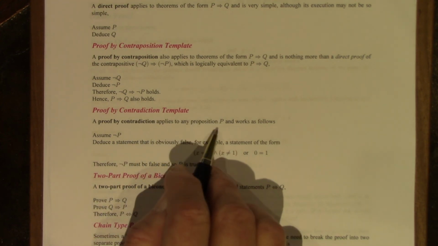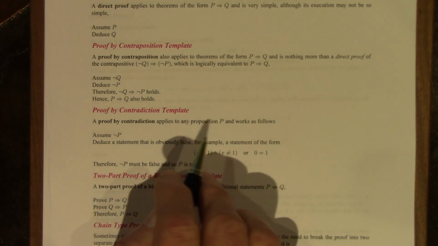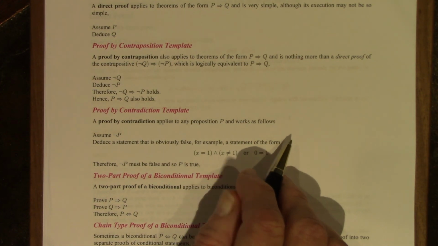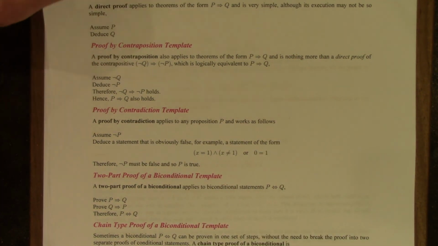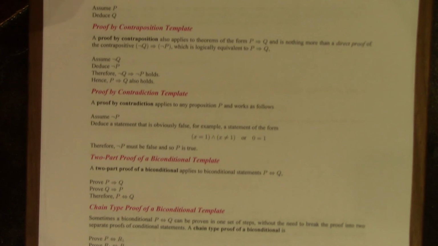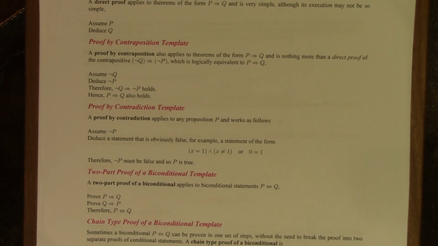Proof by contradiction, or we will prove the result by contradiction. You could even start by saying, assume the statement of the theorem is false. Assume not P. That will tip off everybody that you're proving by contradiction, so that's fine.